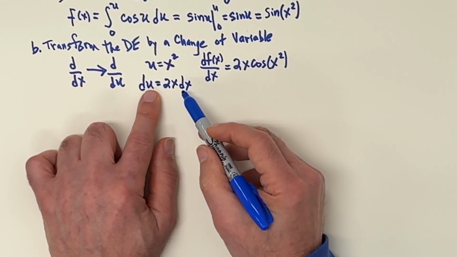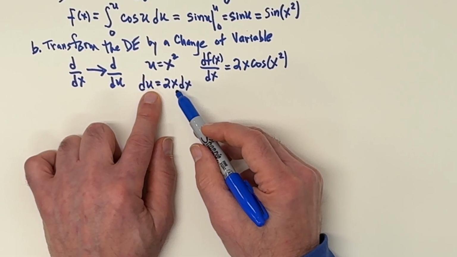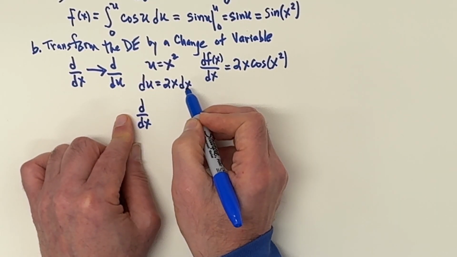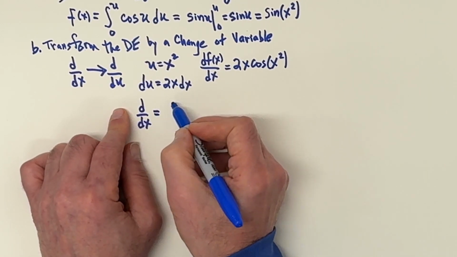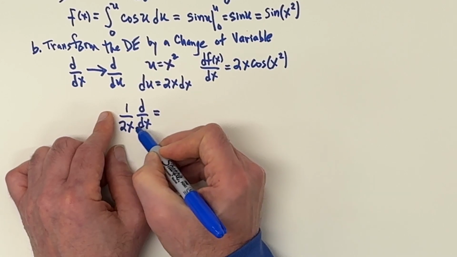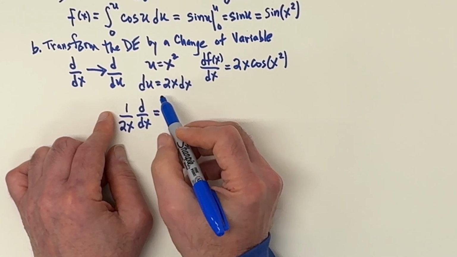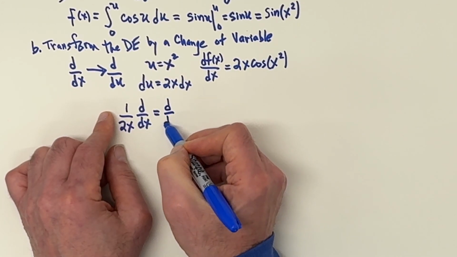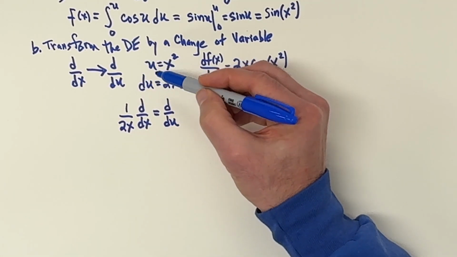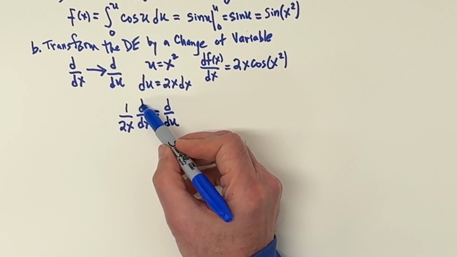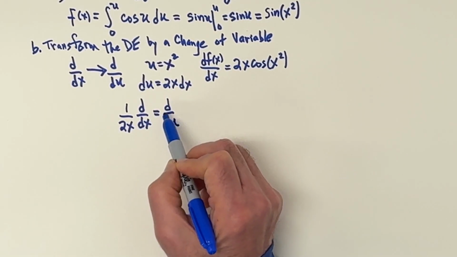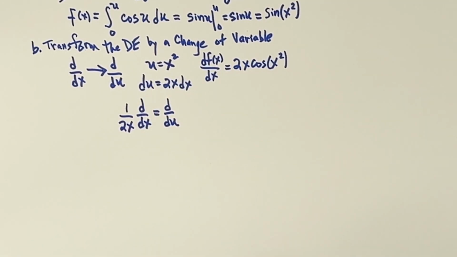And from this equation, we can write d/dx is equal to, I'm going to write 1 over 2x here. In other words, d/du, basically kind of like a flipping sort of thing, where here I have d with the 2x dx, and that's going to equal d with the du, all right?